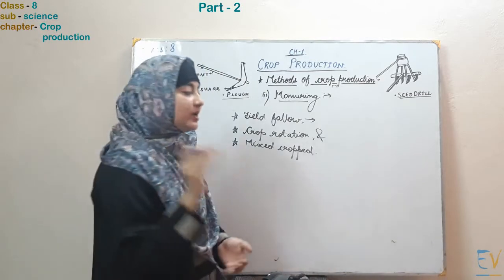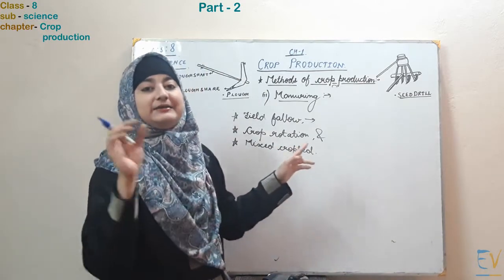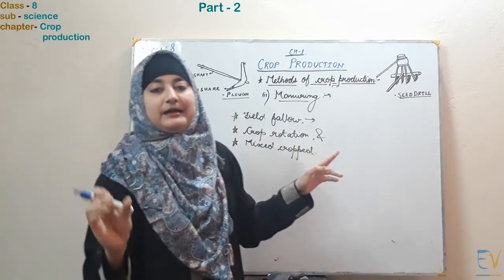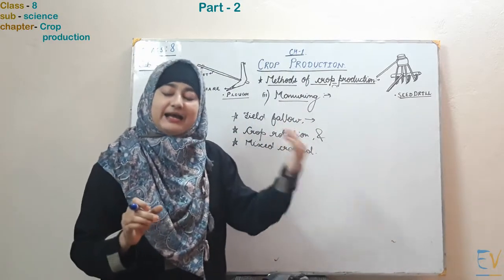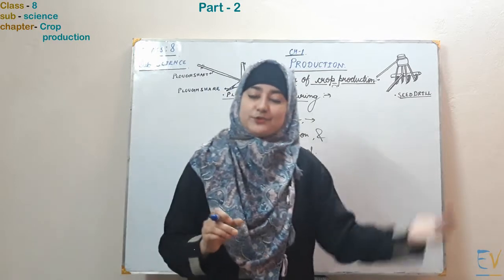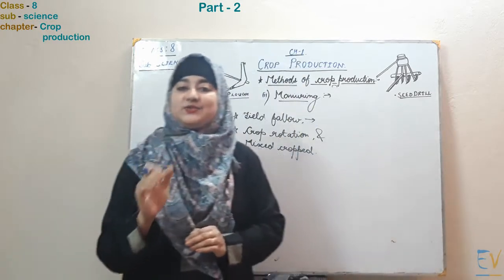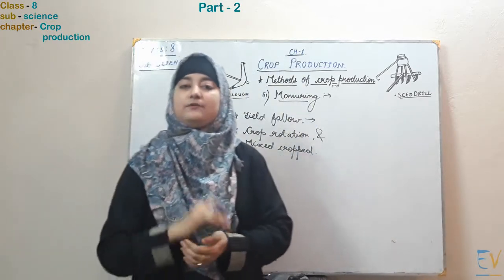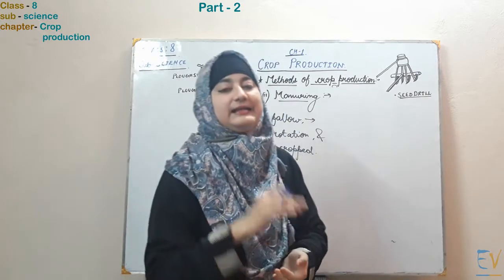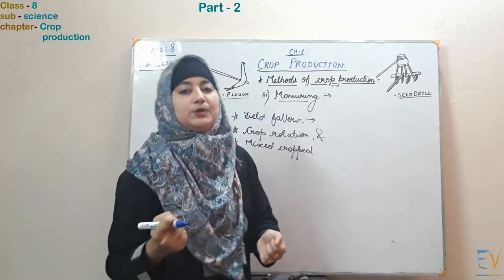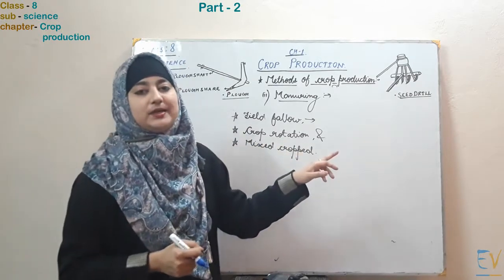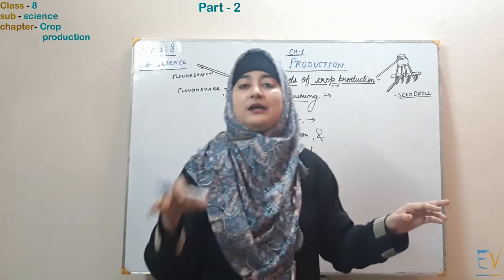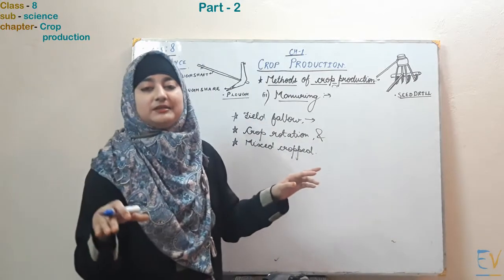Leguminous plants contain Rhizobium bacteria in their root nodules, which fix the free atmospheric nitrogen into nitrates and nitrites, which are water soluble forms and can easily be taken up by the roots of plants. So in this way, crop rotation plays an important role in replenishing the nitrogenous compounds or nutrients back to the soil.